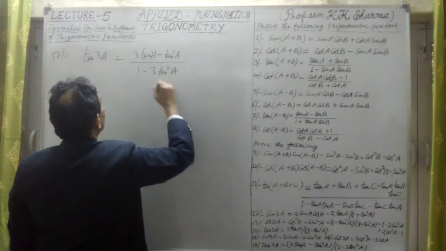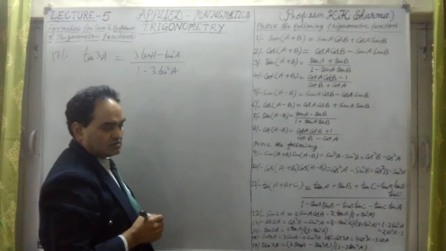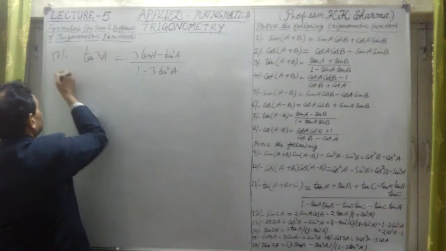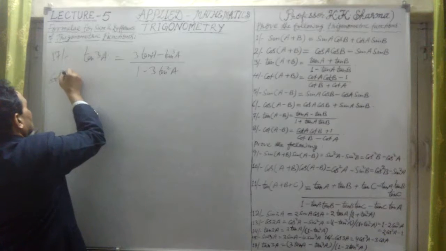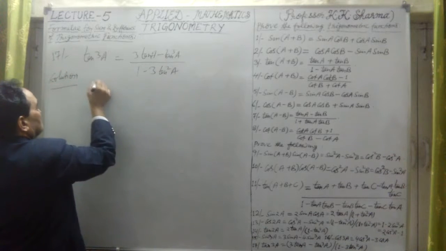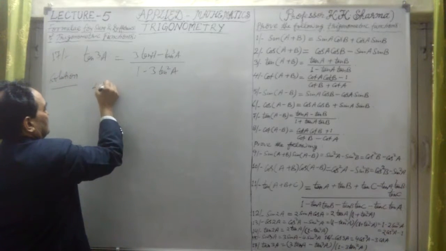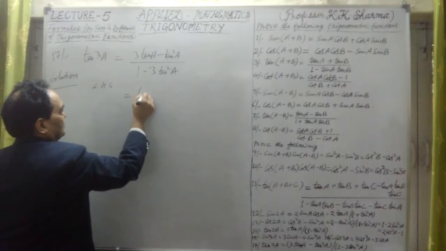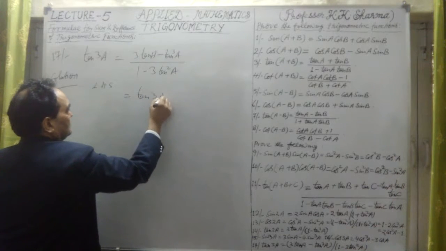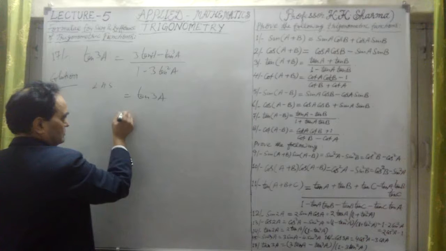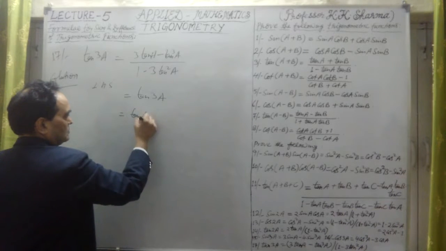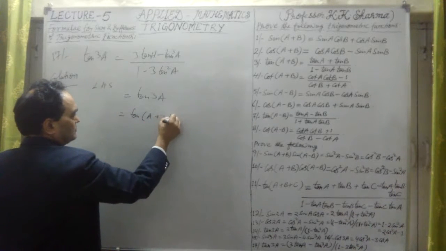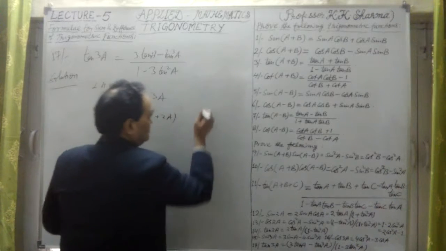Okay, now let me take the left hand side of this solution. Solving this left hand side, it is tan 3a. I can write it as tan of a plus 2a. Now what do we know?